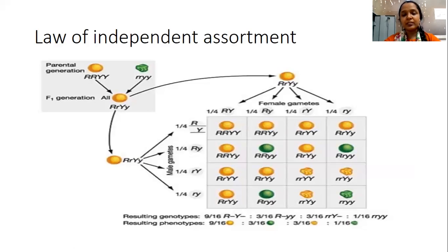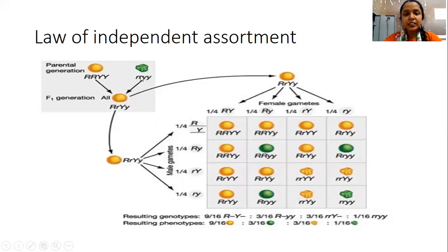Whereas for the law of independent assortment, here he had taken an example of two characters. It's a dihybrid cross, considering two characters, that is, seed shape and seed color. Here, capital R represents the seed shape, the dominant round, and capital Y represents the dominant seed color, yellow.